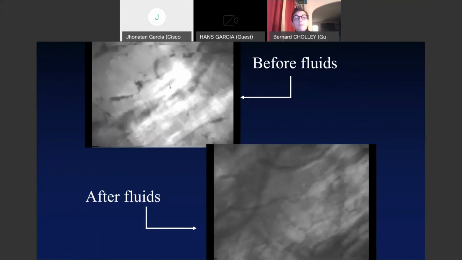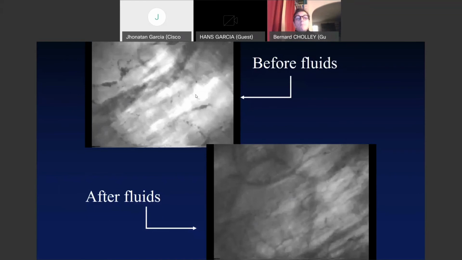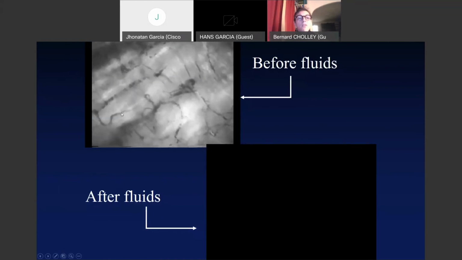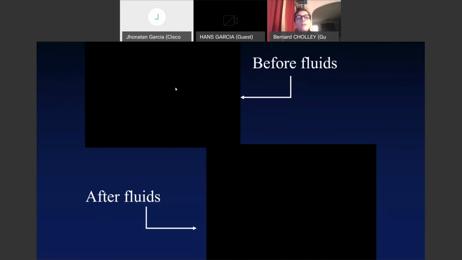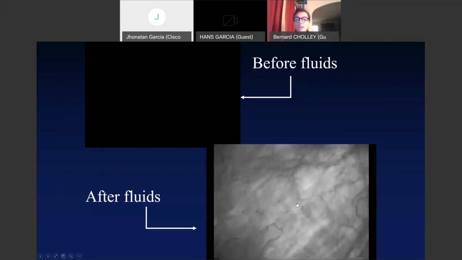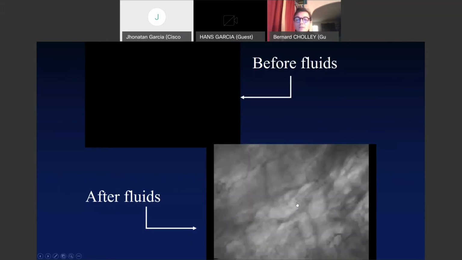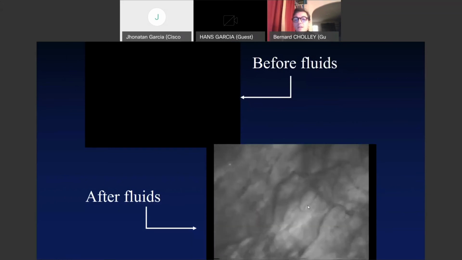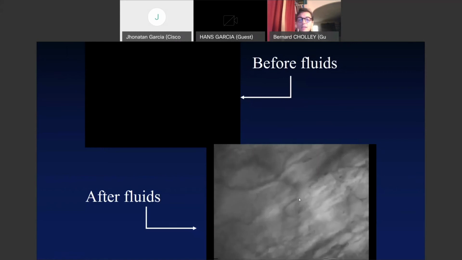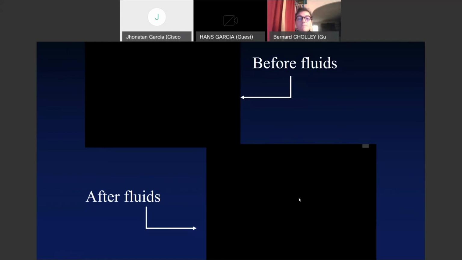You've got capillaries under the tongue of a patient that is hypovolemic. And you see that the flow in the capillaries is very slow, sluggish, they barely move. Whereas in this view, after fluids, the same patient, the flow is everywhere. It's maybe not very clear on your screen, but every capillary moves very fast.